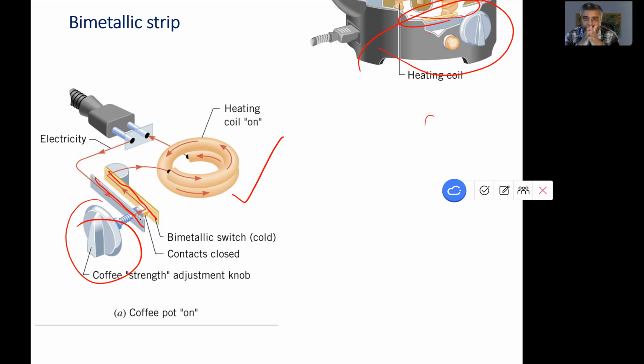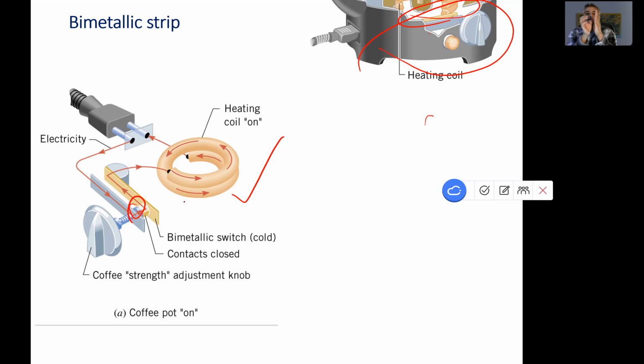So what happens? One has a higher coefficient of expansion than the other. So what you can do is make this tighter so that it has less room for expansion, so it has to expand a lot more to move away from each other. So here is the thing.